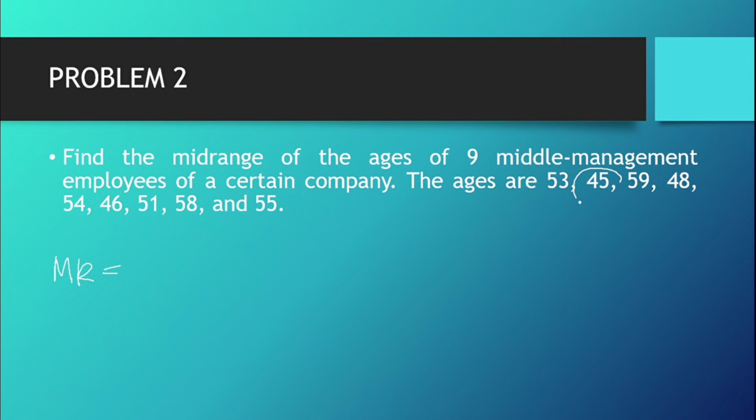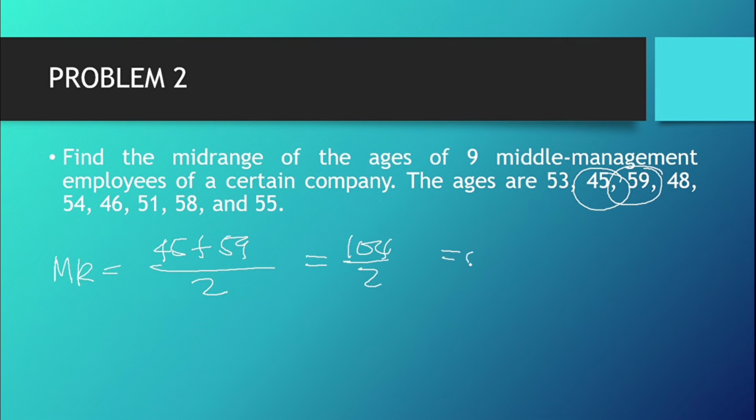The lowest value is 45, and the highest value is 59. So 45 plus 59 is 104, divided by 2, we have 52. So the mid-range is 52. That's all about problem number 2.